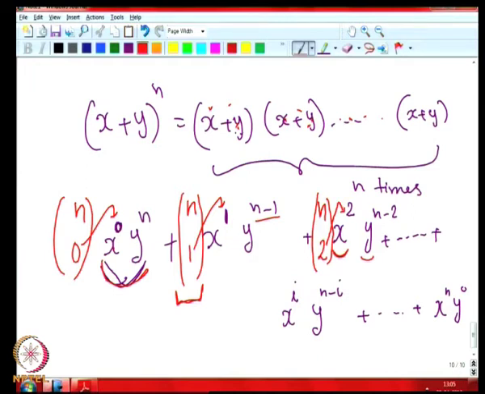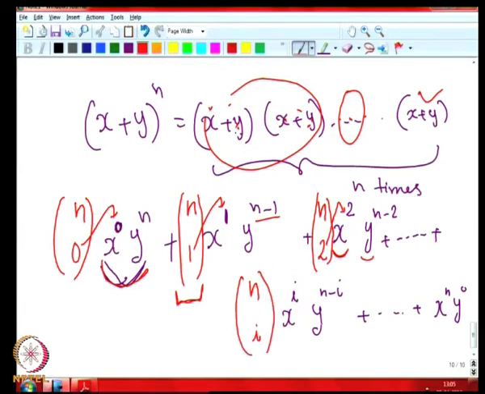It can be these two terms, or it can be this term and some term here, any two terms. Those two terms are contributing x. In general, i terms are contributing x. So that is n choose i into x raised to i into y raised to n minus i. Here for n choose n, all the n terms are contributing x. So this i corresponds to this.